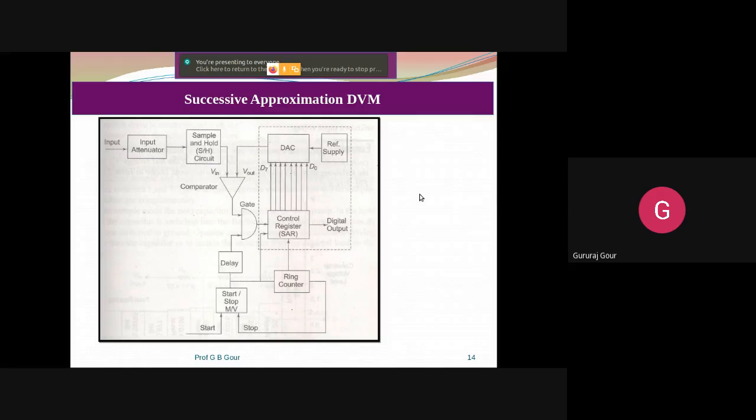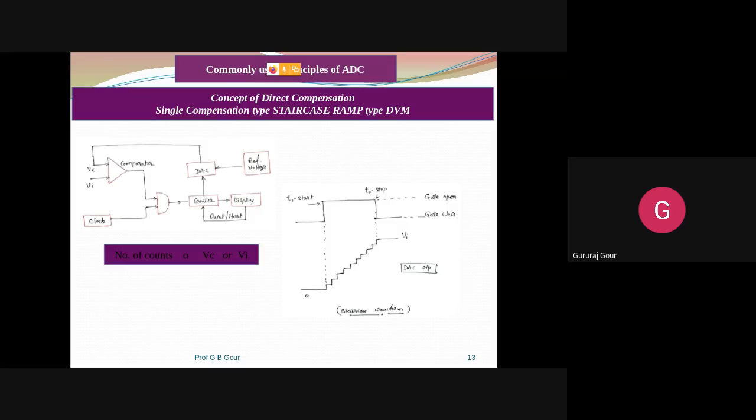Yes, guys, this is the typical block diagram for the SAR type DVM. One thing you remember, we are discussing this under the heading of commonly used principles of ADC. In the last class, we discussed the compensation techniques.